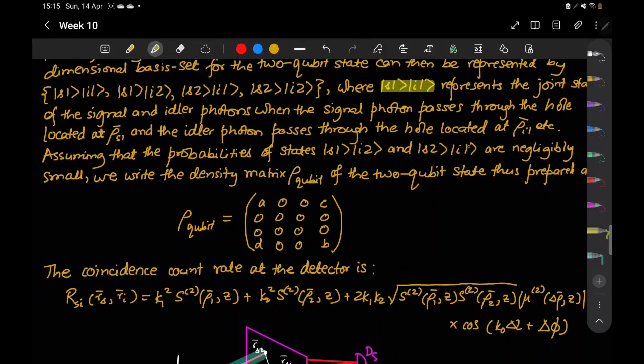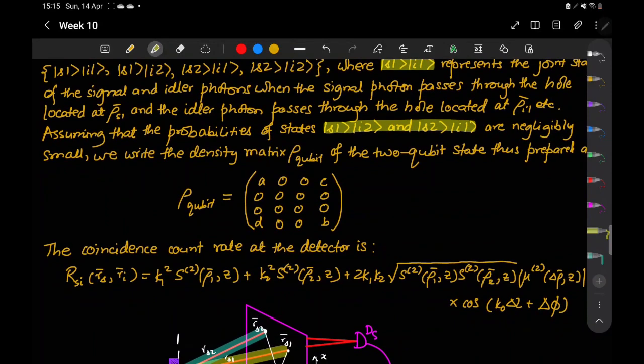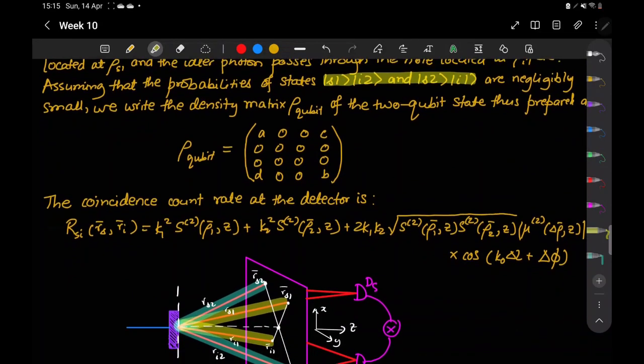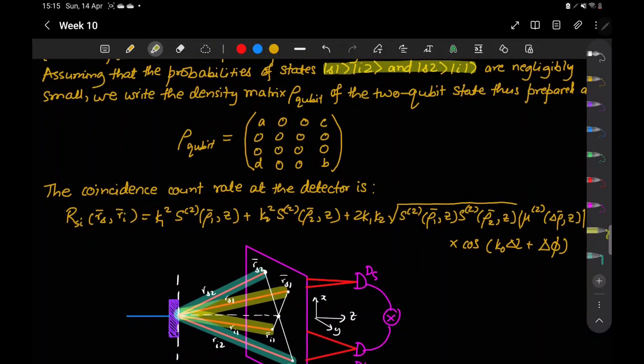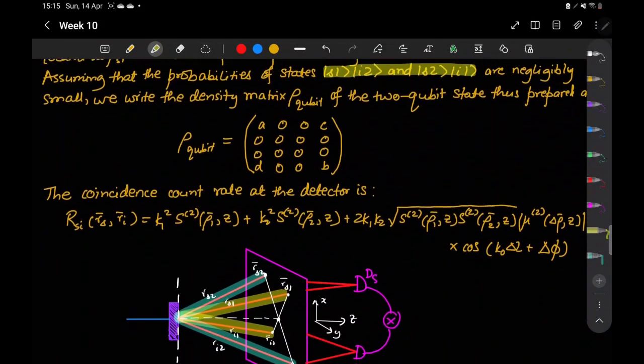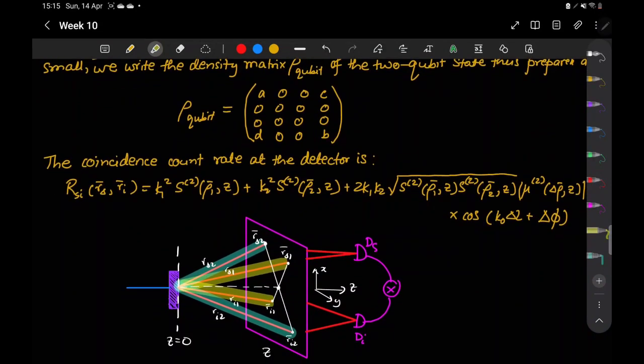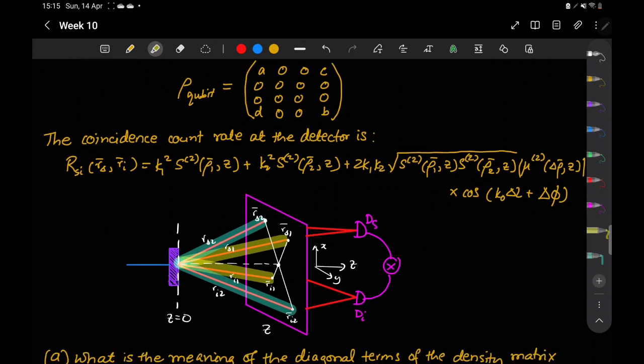That is negligible, that we are assuming. So this is the setup, and in this situation the density matrix is given as follows and the coincidence count rate is defined with this particular expression.